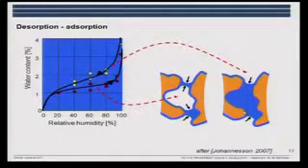On the other hand, if we are increasing the relative humidity, we will have a different mechanism. And in adsorption, you will see that at the same relative humidity, we will have less water in the pores. So that's giving this difference, what we call hysteresis.